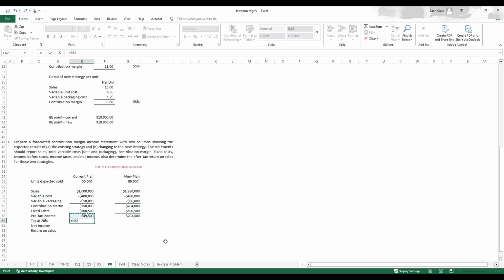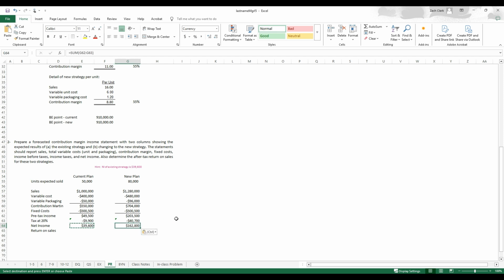And to take our tax now, we're going to take our pre-tax net income times 0.2. And same thing. And then our net, or let's do a negative on that too, keeping with our style there.